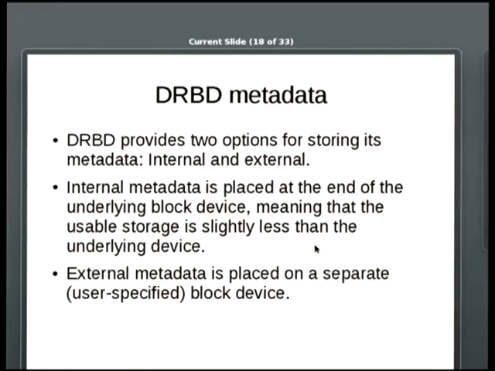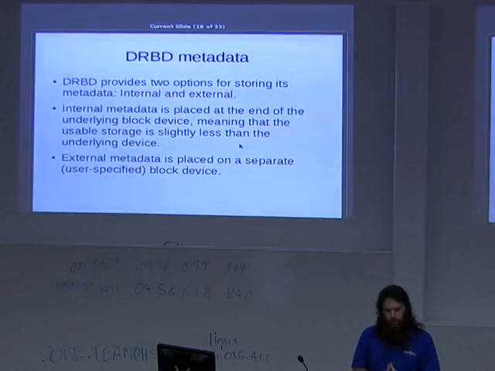Or you can use external metadata where you tell it, here's a device to replicate, here's a device for metadata, and it'll put all its metadata over there and only replicate that one device. So we typically use internal metadata for DRBD resources within clusters.